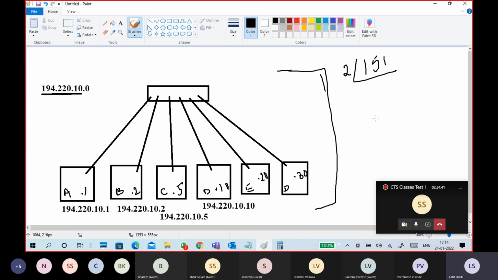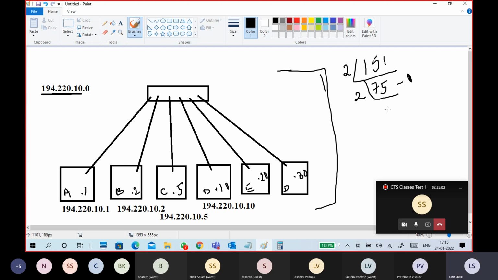Normally, people convert any number into binary like this, 151. You have to keep dividing by 2. 2 times 75 is 150, so 151 minus 150 is 1. Keep this remainder aside.